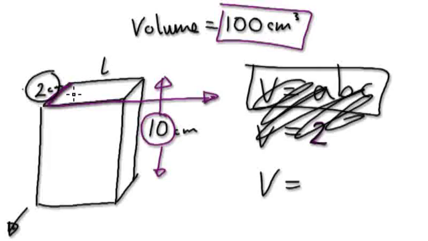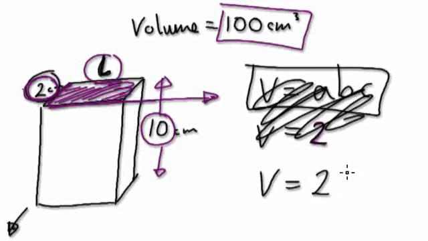We don't know what the length is, so let's just call it L, and then later we will work backwards to find L. In order for us to work out the area of the face, get this times L. So that will be 2L. So the area of the face is 2L.